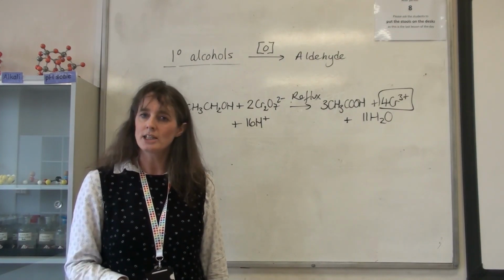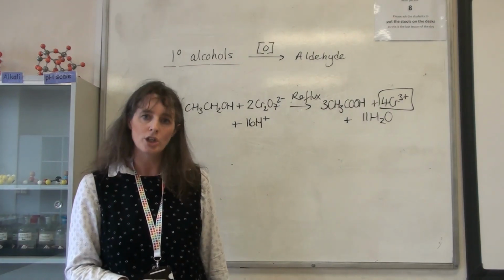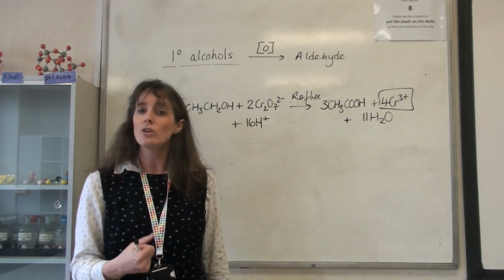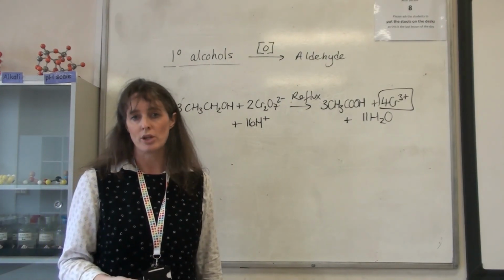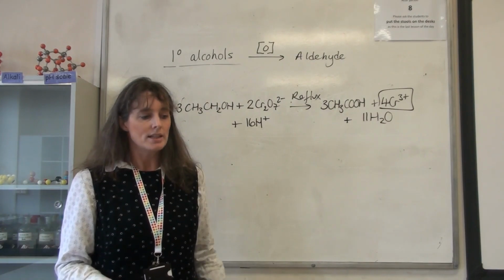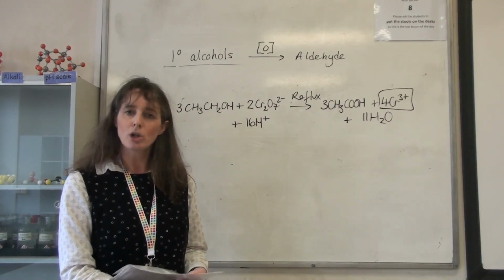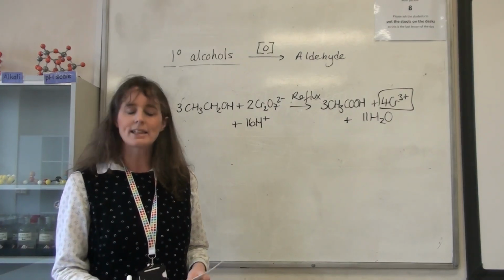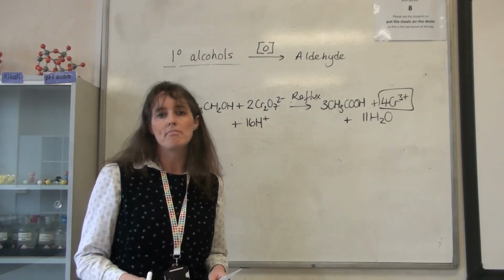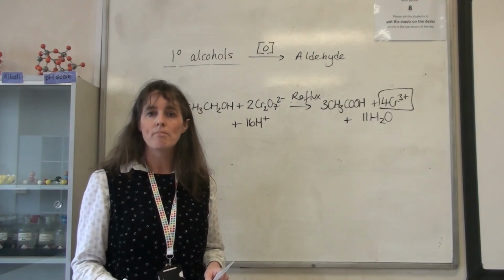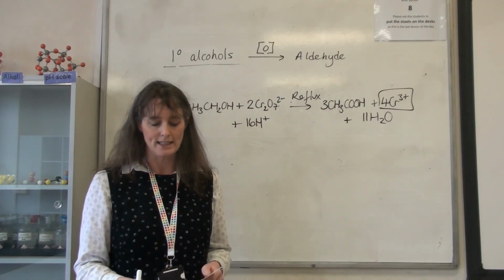However, you do need to be aware of another alternative oxidising agent which they could pose in a question, and you'd need to recognise that that's what it was so that you could work out the product accordingly. So another oxidising agent that is possible to use is acidified potassium manganate 7, or manganate 7 ions in the presence of acid.